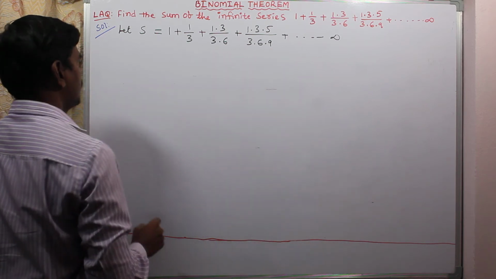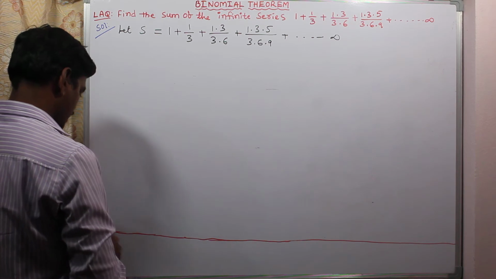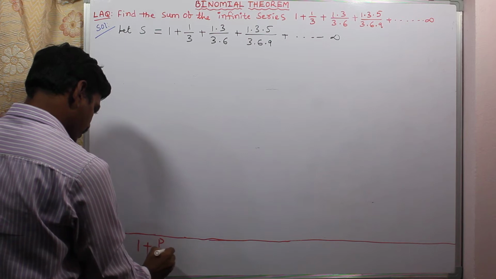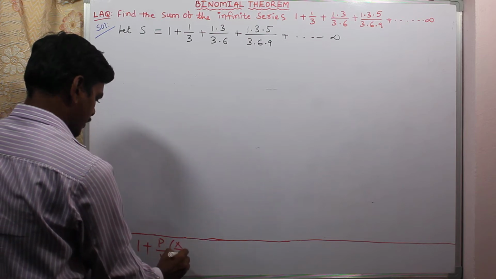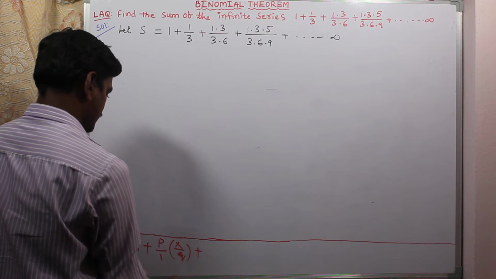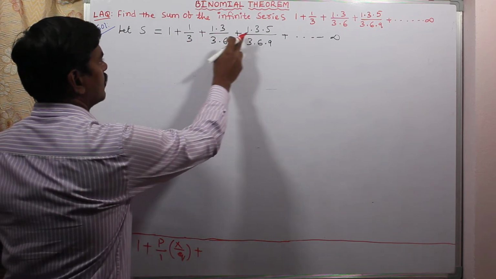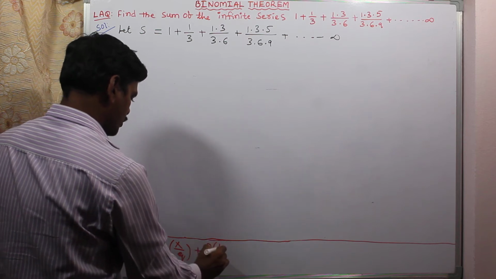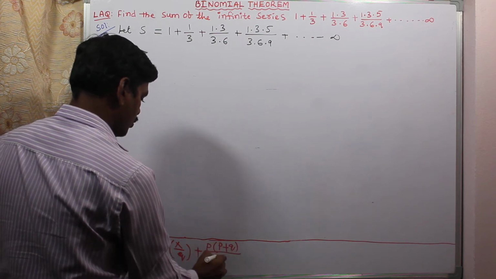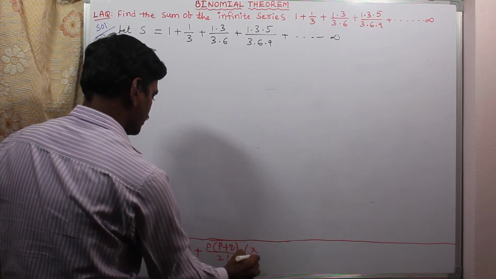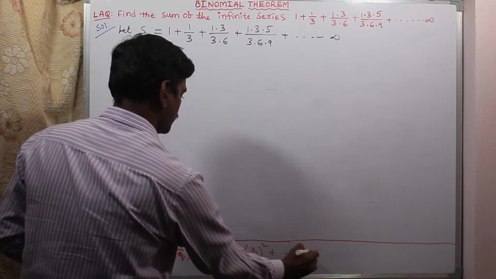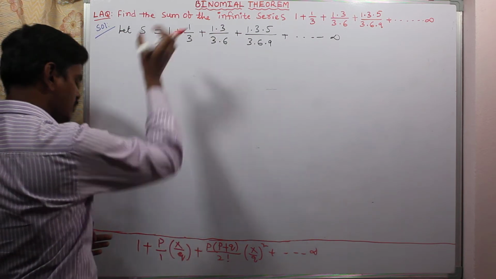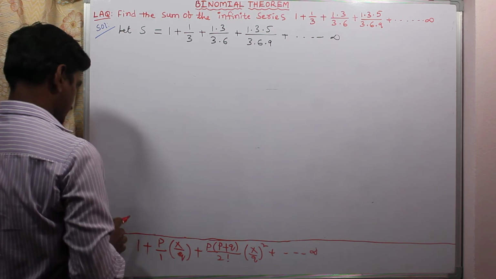According to the given series, I need to remind one formula: 1 plus p by 1 into x by q plus, now between the terms we have all positive symbols only, so 1 plus p by 1 into x by q plus p into p plus q by 2 factorial into x by q whole square plus so on up to infinity. So try to convert the given series into this formula form.